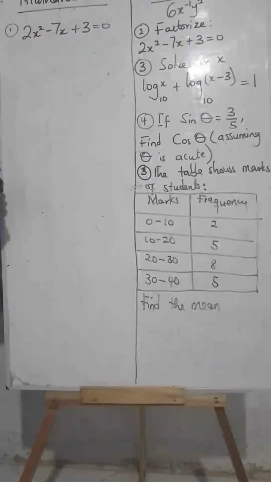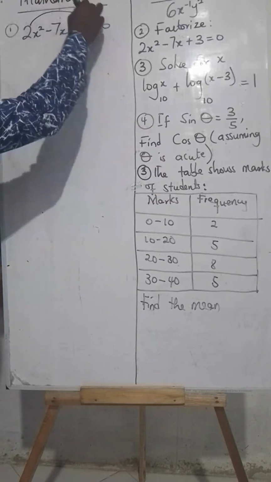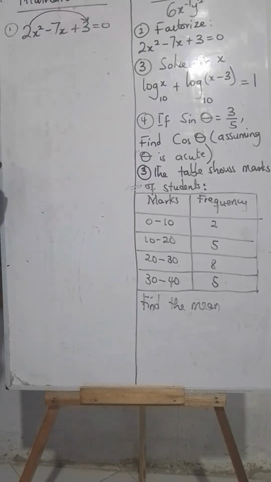Right, so with this, the 2 will multiply the 3 here, and we get 6. So we need the factors so that we can factorize this quadratic equation. Two numbers that you multiply, you get positive 6, but the same 2 numbers, when you add, you get negative 7.